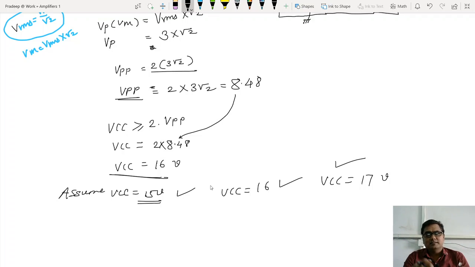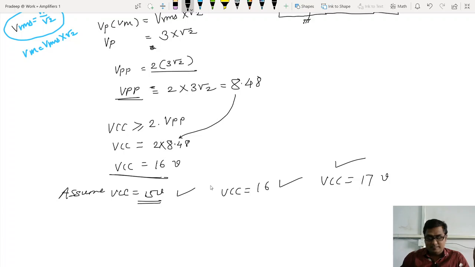The standard consideration says VCC should be greater than or equal to twice VO peak to peak, so VCC should be about twice of V peak to peak, which is 17 volt. If it is exactly 17, then plus 2 or minus 2 is tolerable. Plus 2 means you can go up to 19 volt, minus 2 means you can go down to 15 volt, no problem. Even if you assume 14.5 or 14, it is okay, but for good measure we'll assume VCC is equal to 15.